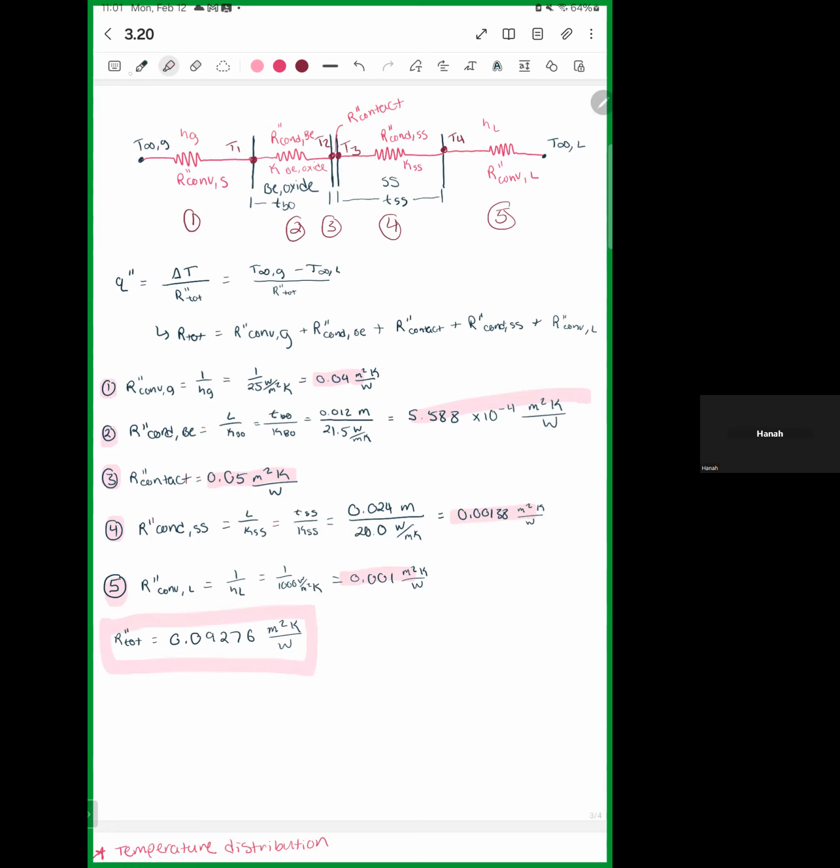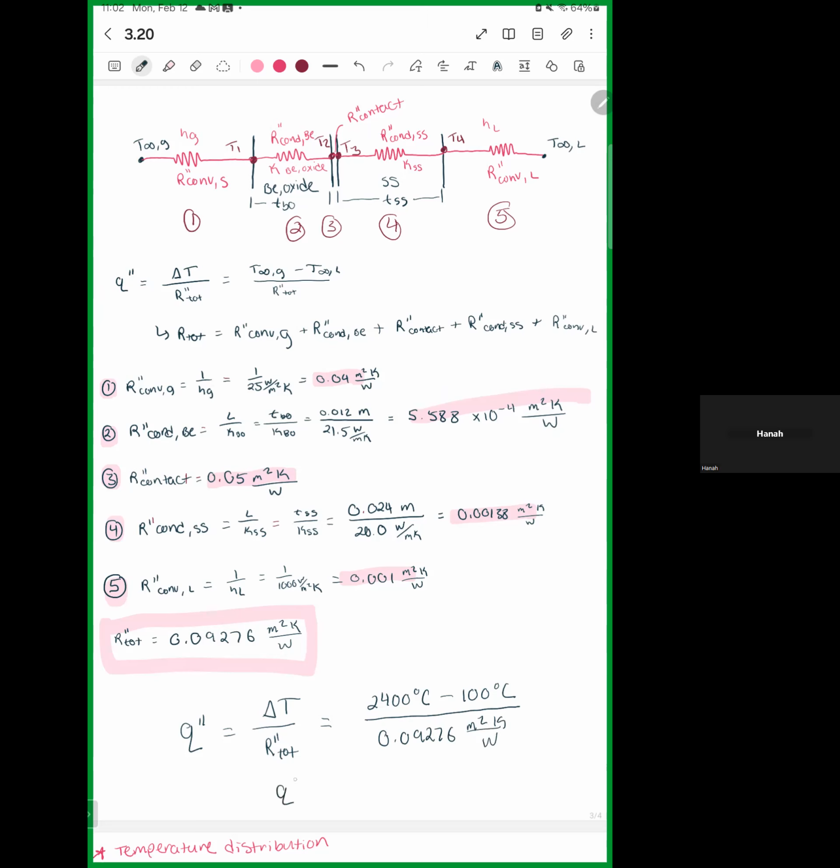So once you have your R double prime total, you're able to find Q double prime, which is the first thing that we were looking for, which is delta T over R double prime total. And that's equal to 2400 degrees Celsius minus 100 degrees Celsius, all over 0.09276 meters squared Kelvin per watt.